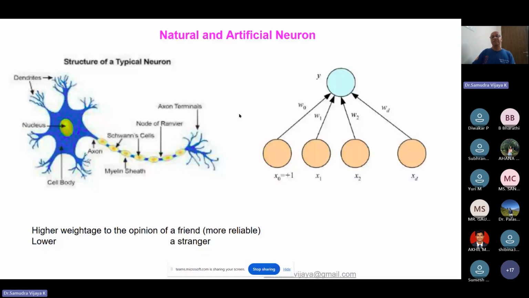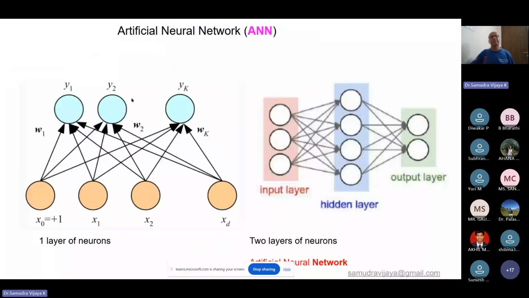Now, in this particular case, we said that the output is only one. Why should it be only one? When I want to do a classification, if there are K classes, then I should have K output neurons. Suppose the job of a lower KG kid is to recognize written A, B, C, D up to Z. Then there will be 26 neurons in the neural network, because there are 26 classes.